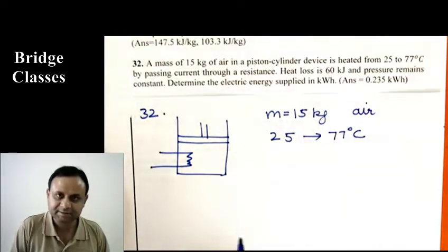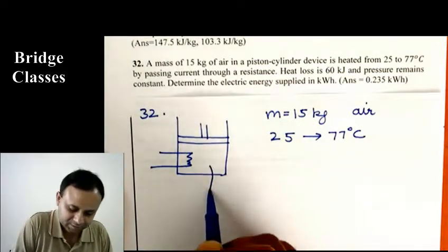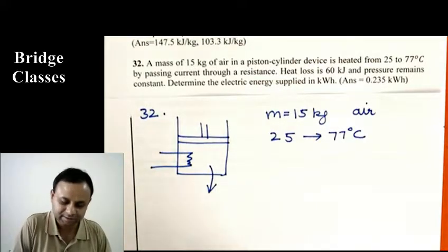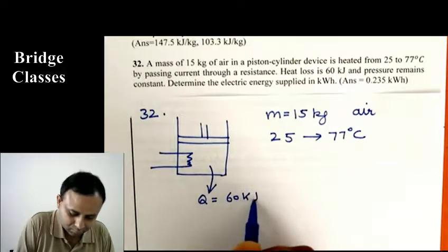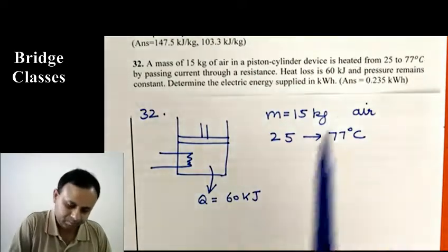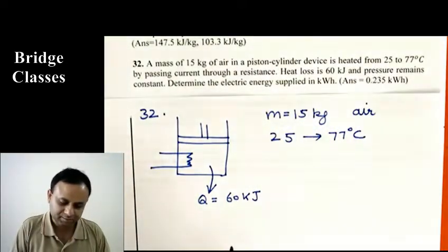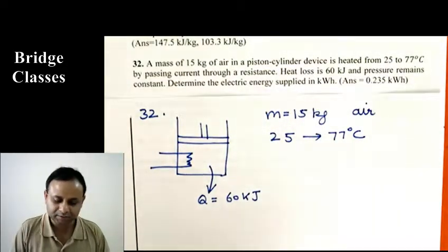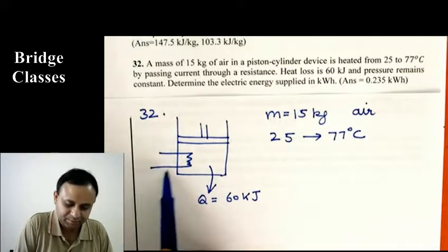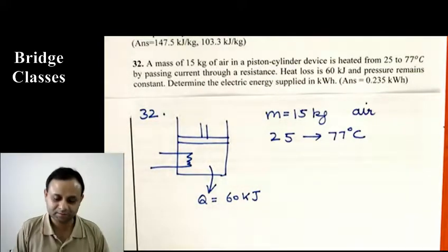During the process there is also heat loss of 60 kilojoule, so I'm showing that in this direction. And pressure remains constant. Determine the electric energy supplied in kilowatt hour.